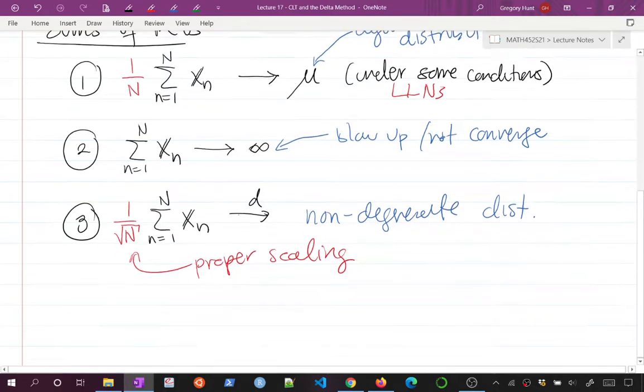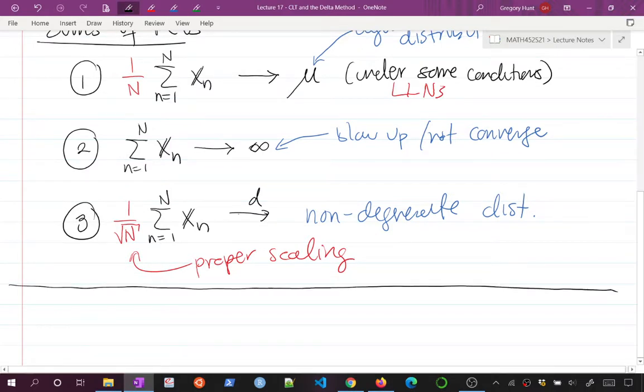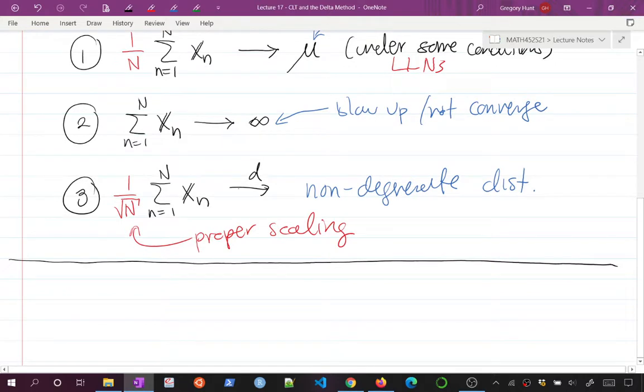And that's really interesting. And that is basically the central limit theorem in a nutshell. So the central limit theorem is talking about convergence of sums of random variables, and how I can normalize these sums in a way to get them to converge to a non-degenerate distribution.